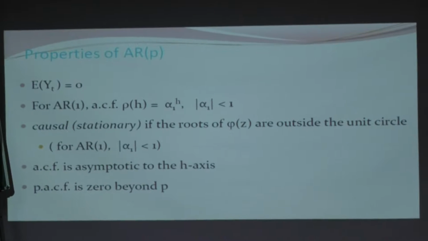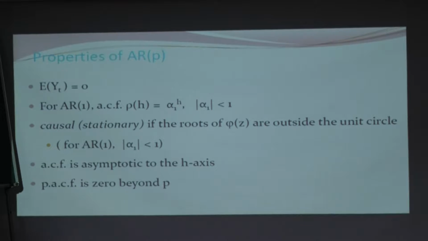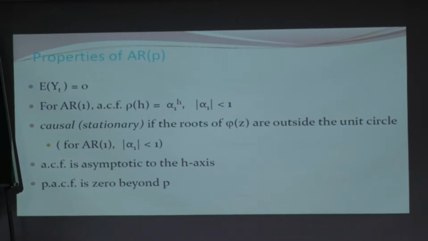Okay, so if you have ACF alpha 1 to the power of h, how would this look if I plot it? It will be damped, decreasing, depending on whether alpha 1 is positive or negative. But this never goes to 0. You go on increasing h, and for very large h it's tending towards 0.